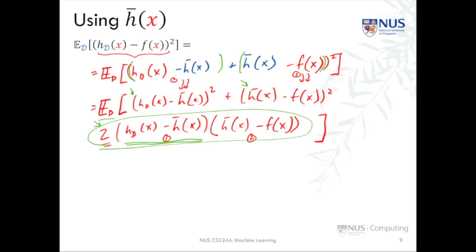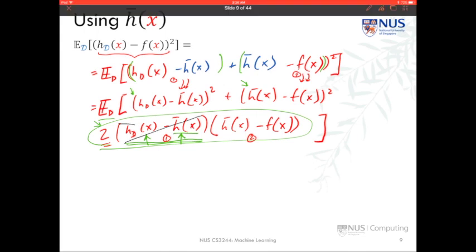While we're looking over all of the different data sets, we're looking at the expected data set, and we're integrating over all of these to get the expected value. Well, what does that mean? We defined the expected value of the hypothesis as h bar, right? So this value and this value are actually identical because of the way we defined the average hypothesis. It was basically the hypothesis over all of the possible expected data sets.